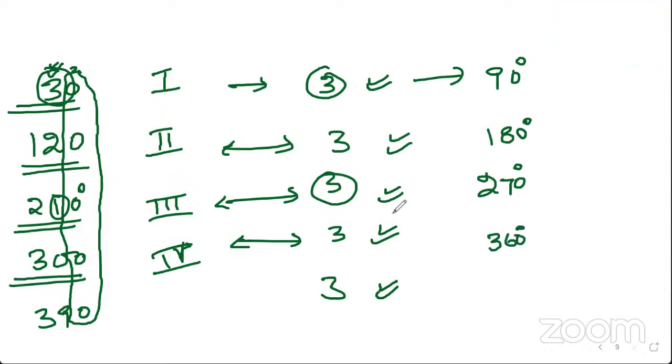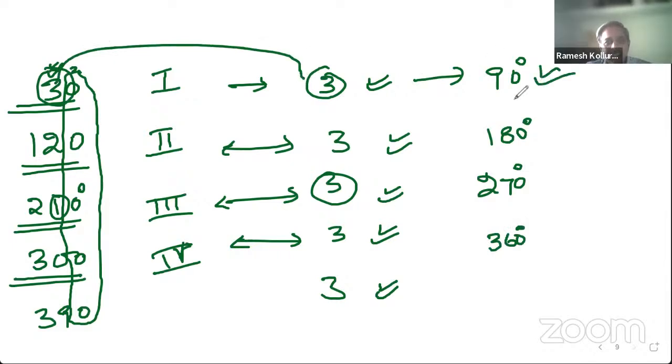Are you getting it? So odd, with digital root 3, means it is related to 90 or 270 degrees, right? So now what I have to do is, whenever it is an odd number, I will subtract first. If I am subtracting, I should get an even number, right?